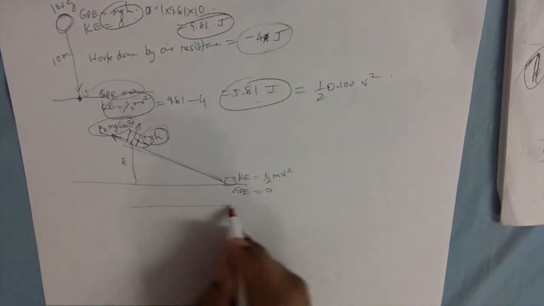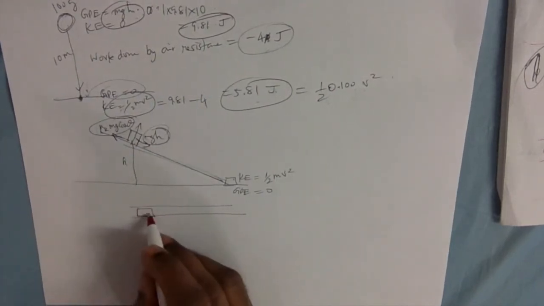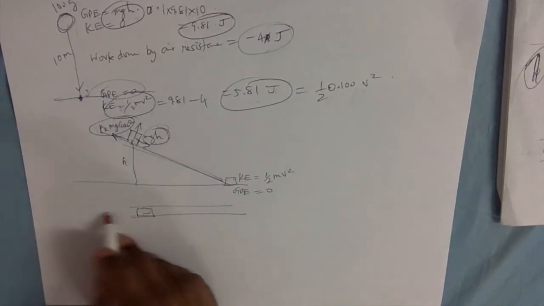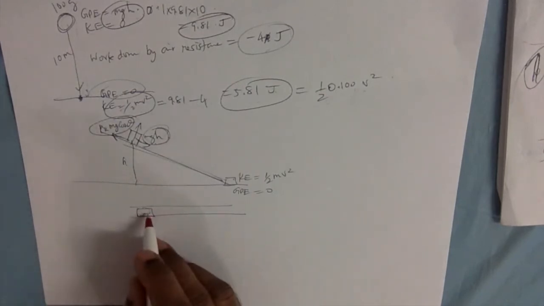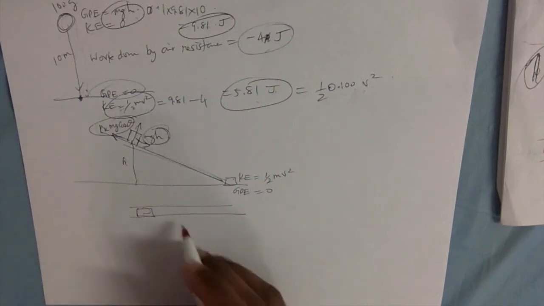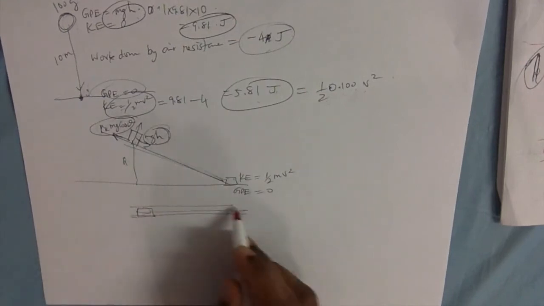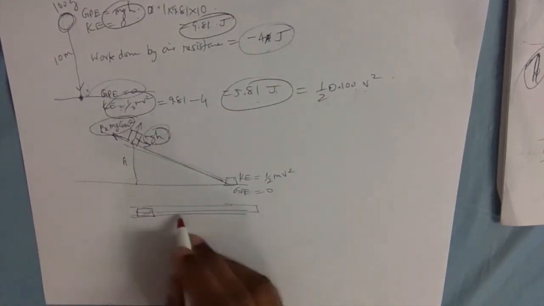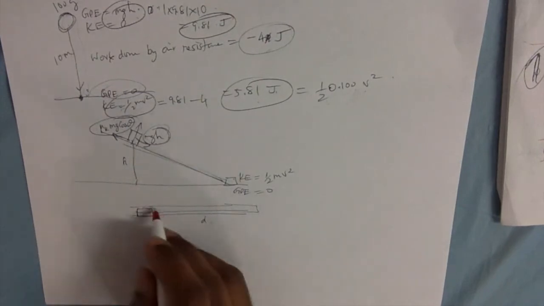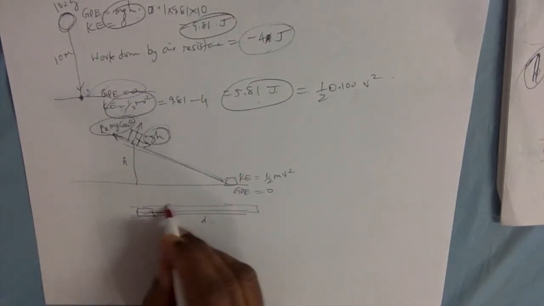So a gun and a bullet: if you look at the gun, the spring is being compressed, the energy is given in the form of a compressed spring, and after that the bullet is shot from there. As the bullet is moving through displacement d, there is a force that is actually pushing it out.